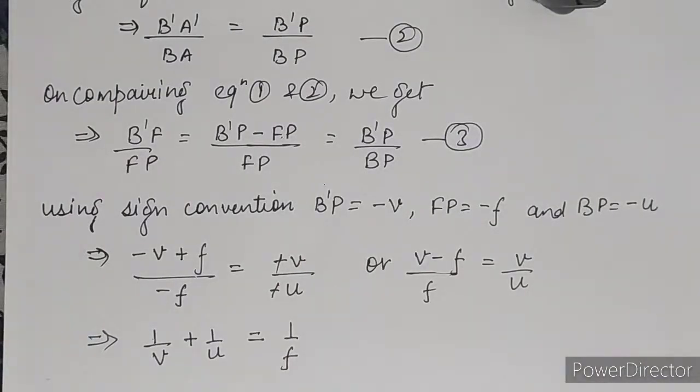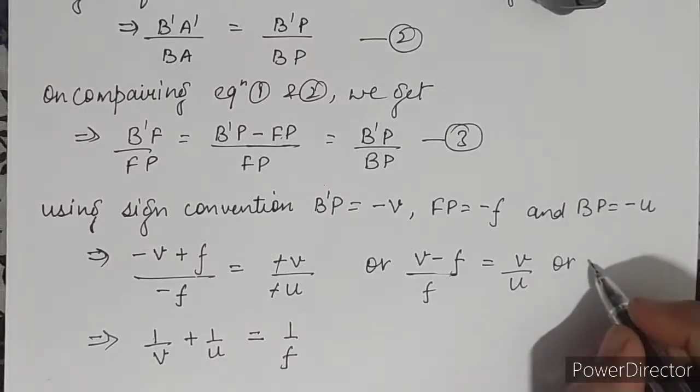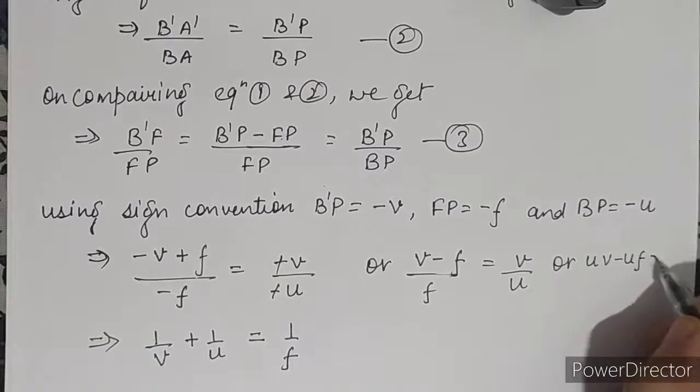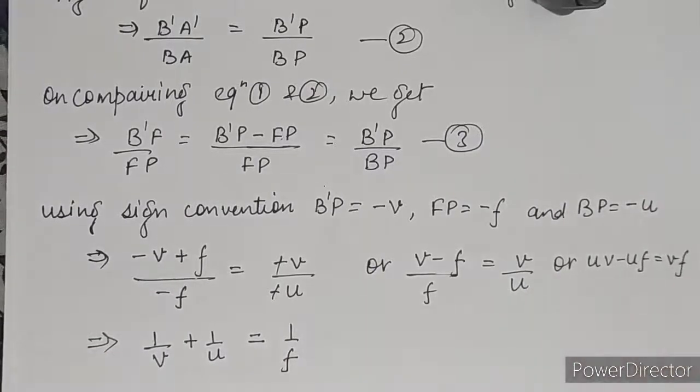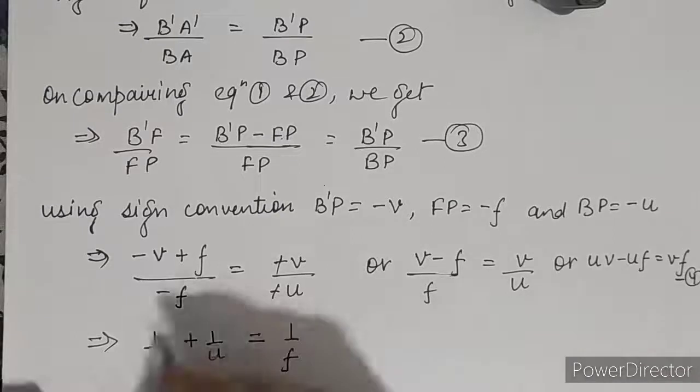How, beta? First of all do the cross multiply. So this becomes UV minus UF is equal to VF. Here I am writing, okay, so you will not be confused. UV minus UF is equal to VF after cross multiplying. Then you have to divide this equation. Okay, I am just writing it down. Equation number 4.